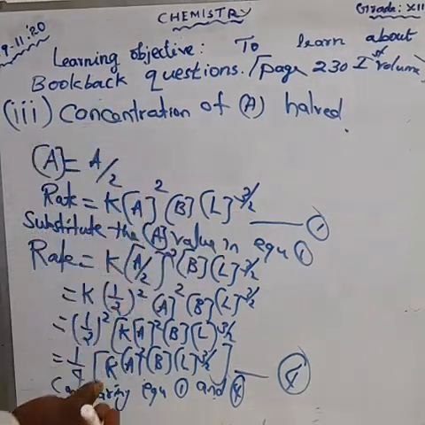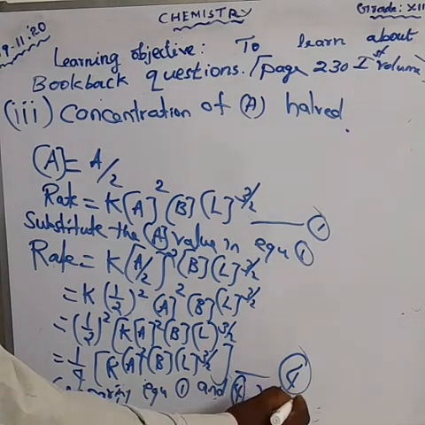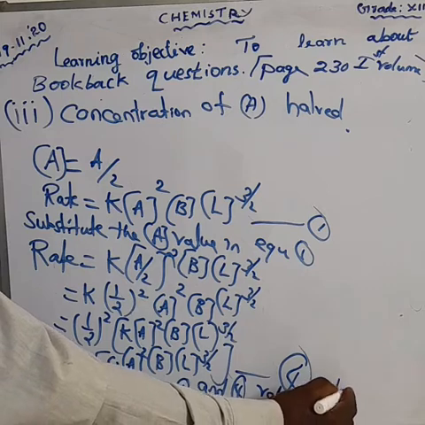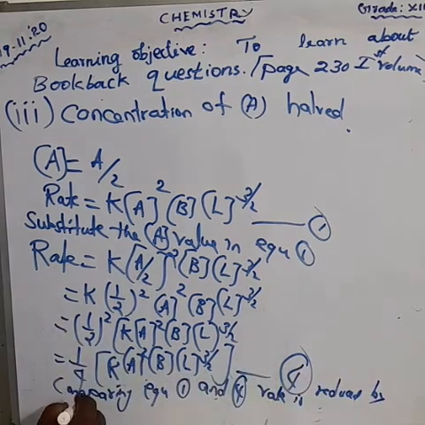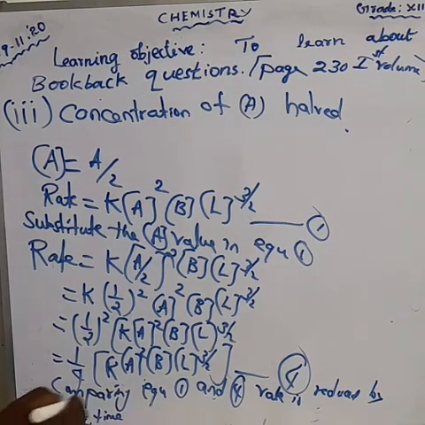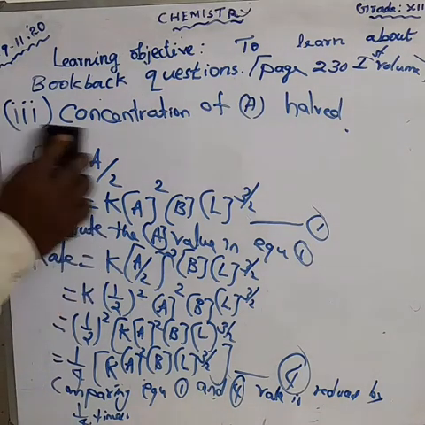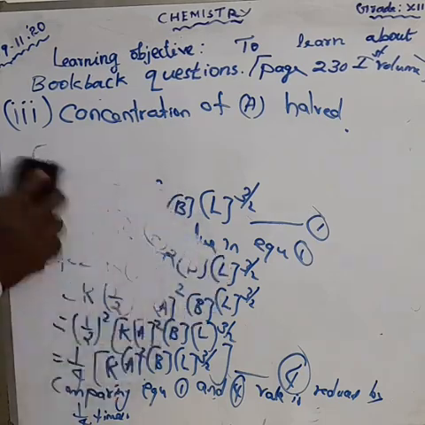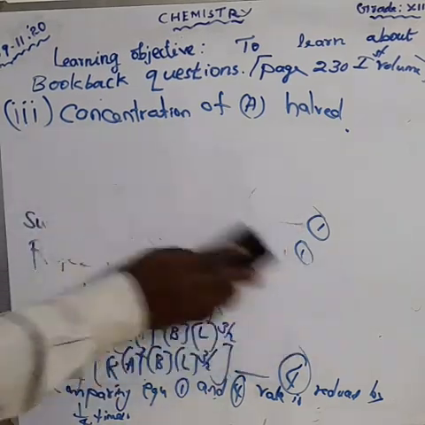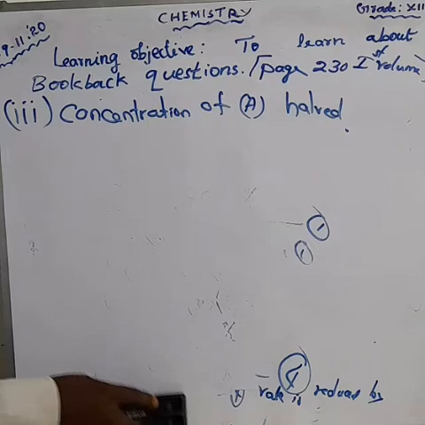The rate is reduced by 1 by 4 times. Clear? Then what is about the fourth one? Concentration of A is reduced to 1 by 3 and the concentration of L is quadrupled. Okay, that is multiplied by 4 times.